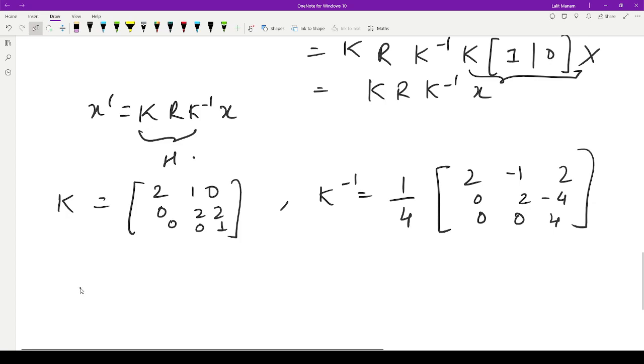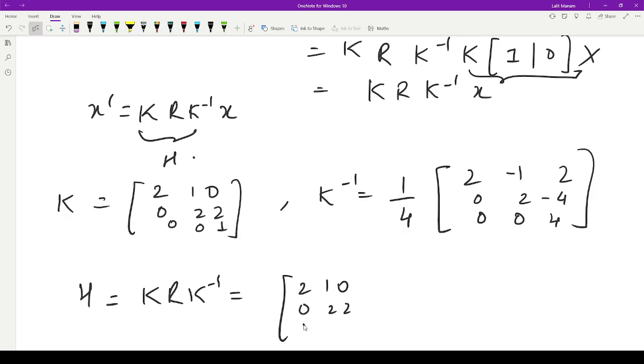And given this, we just need to find K inverse, which is, I'll just write out the matrices.